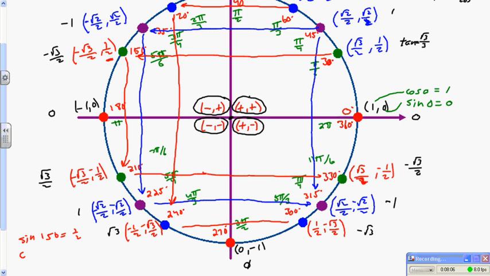If I want to find out what the cosine of 7 pi over 6 is, I find 7 pi over 6, which is right here, and cosine is the x value, so negative root 3 over 2, and we have our answer in exact form.